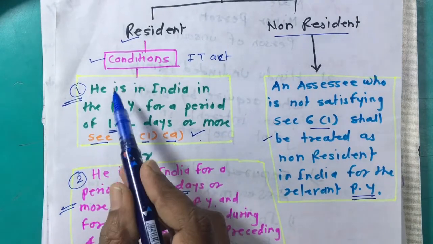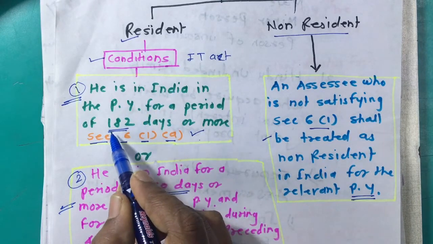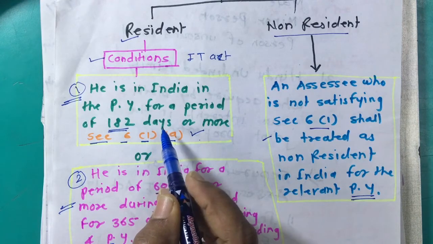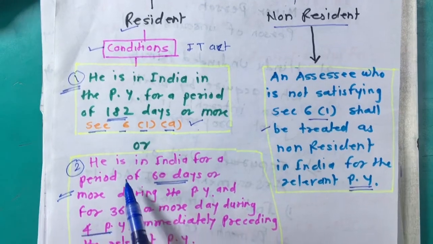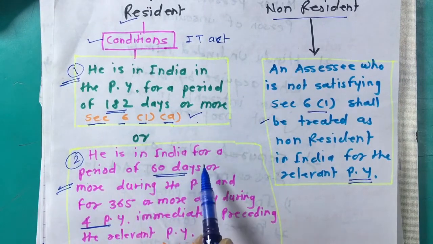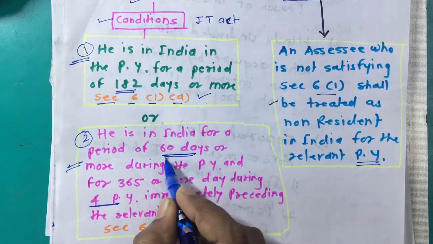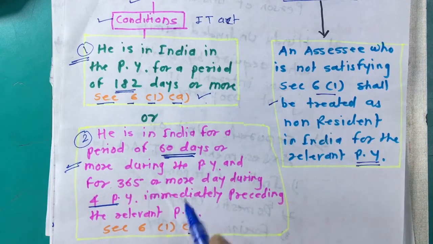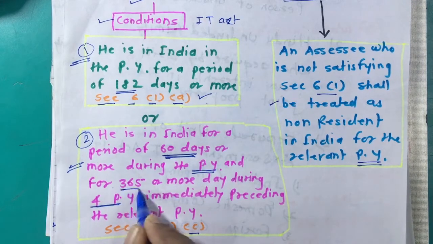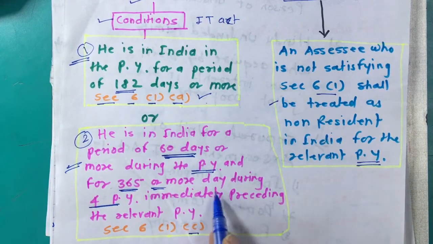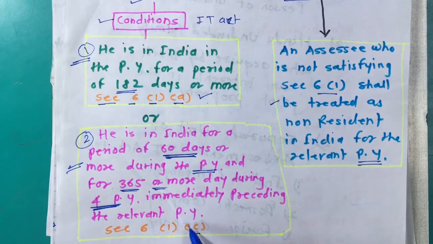See, the first condition for resident in India for an individual is 182 days. He resides in India for a period of 182 days. And the second condition, or he is in India for a period of 60 days or more during the previous year and for 365 days or more during the 4 previous years immediately preceding the relevant previous year.